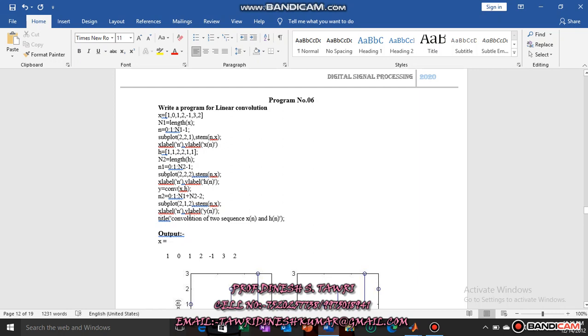Now xlabel and ylabel y of n, as we wrote in this program for the x sequence and h sequence. After that you have to give the title for this graph: convolution of two sequences x of n and h of n.